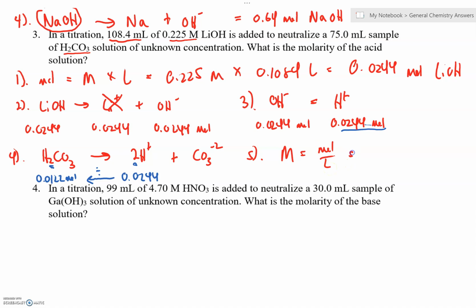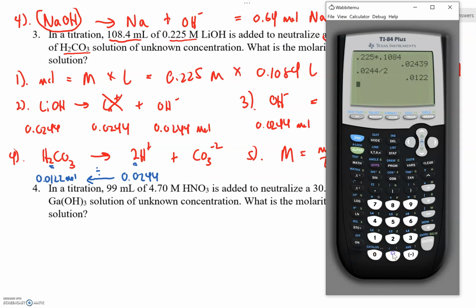You know you have 0.0122 moles, and the problem says that it is 75 milliliters. We're dividing that by 1,000 to get 0.075 liters. You can feel free to bust out your calculator to divide by 1,000 if you want.